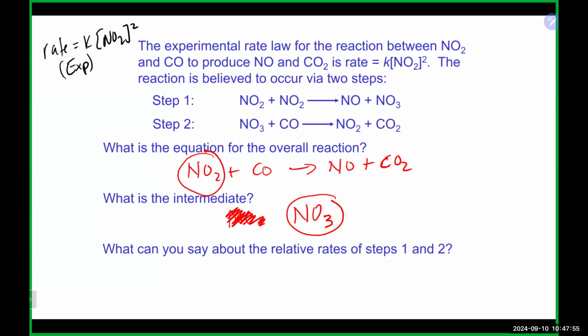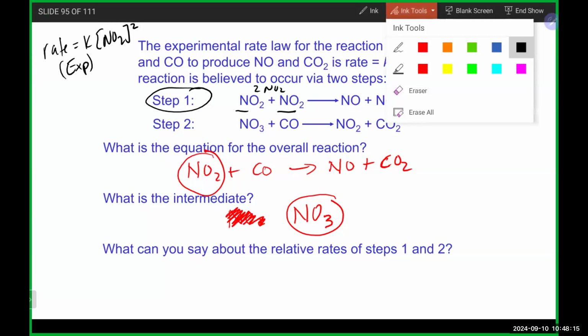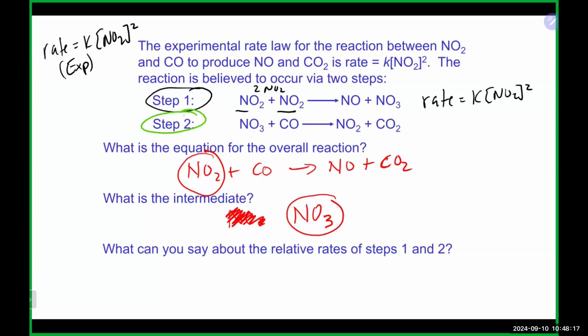So if I write the rate law for my very first step here, the rate would equal K, remember it's just reactants here, and that's really 2NO2, which will give me NO2 squared, and that would be the rate law for step number 1. For step number 2, we could also write a rate law. The rate is equal to our reactant, so K times NO3 and CO, right?